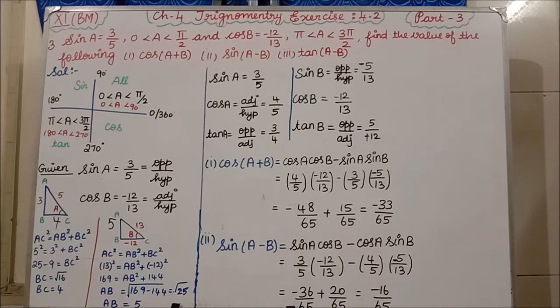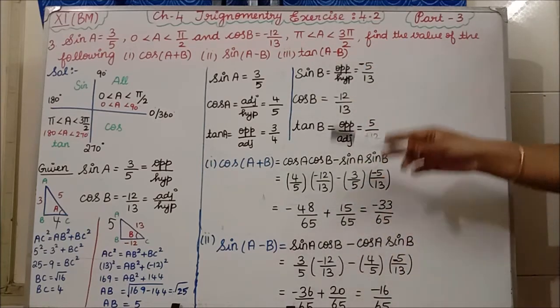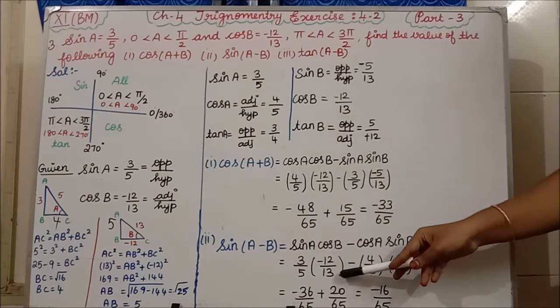What is the formula for sin A minus B? Sin A cos B minus cos A sin B. Okay, sin is very easy. Sin A cos B minus cos A sin B. What is sin A value? 3 by 5. Cos B value minus 12 by 13.